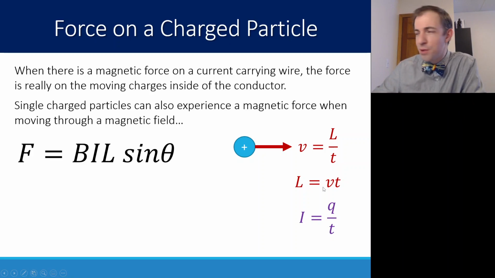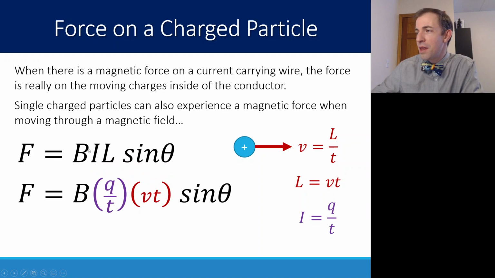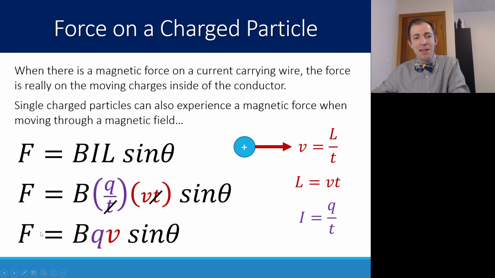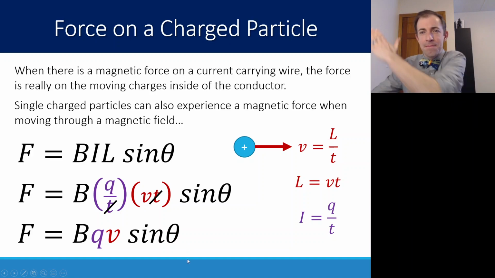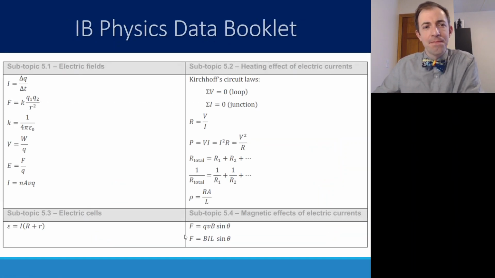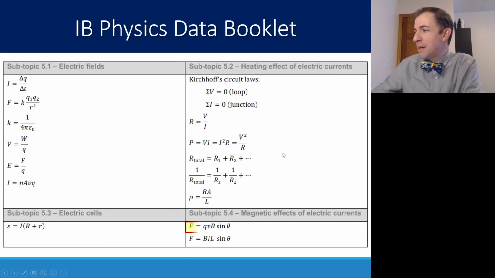So if I substitute some of this in here, the current is just Q over T, and the length is how far the charge moves in that amount of time. That's V times T. Well, the time cancels out, and what I'm left with is the magnetic field strength, B, times the charge, times the velocity, times the sine of theta. That's still the angle with the magnetic field. I can find this equation in my data booklet as well. That's subtopic 5.4.